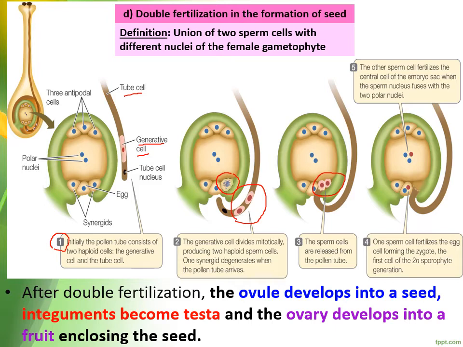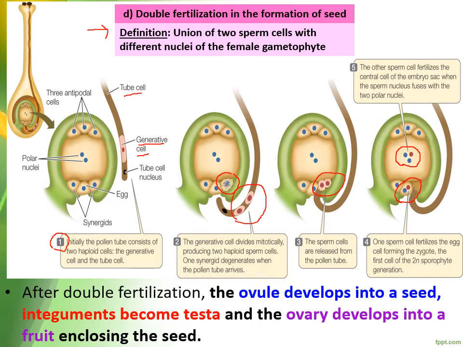One sperm cell will then fertilize the egg cell to produce a diploid zygote, and another sperm cell will combine with the polar nuclei to form a triploid endosperm nuclei. So that's double fertilization. What is double fertilization?